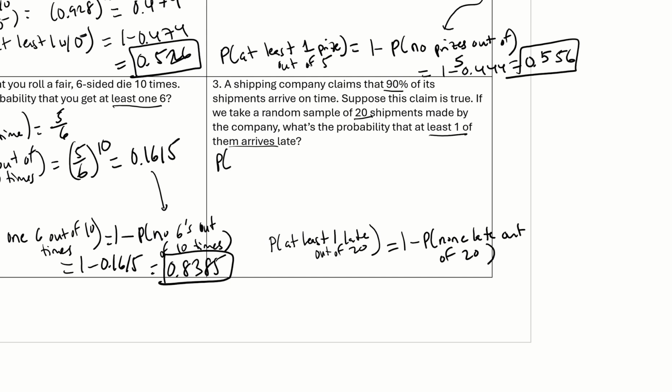Okay, so what's the probability that it's not late for one shipment? Well, the probability that it's not late, meaning it arrives on time, is 0.90. So basically they already told us that. And so then the probability that it's not late for 20 of them, let me just do for 20 here, just to keep it consistent.